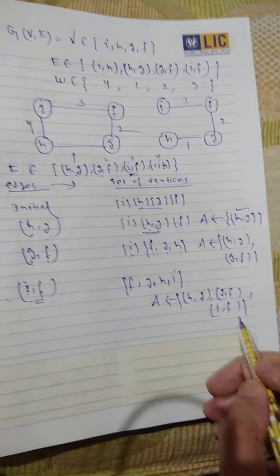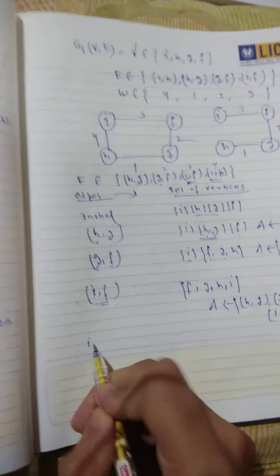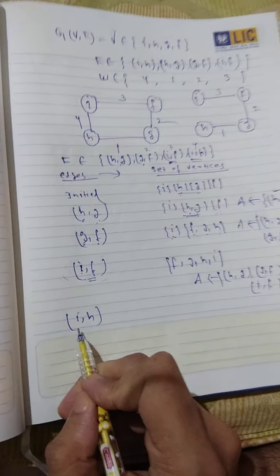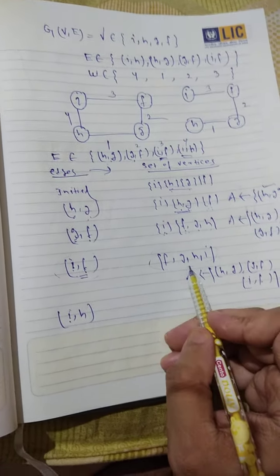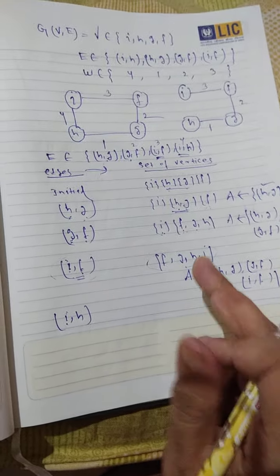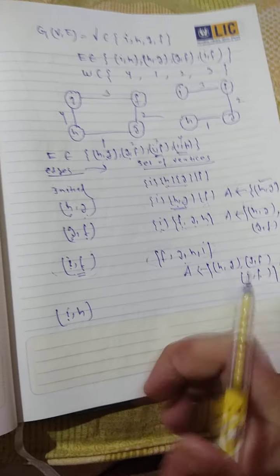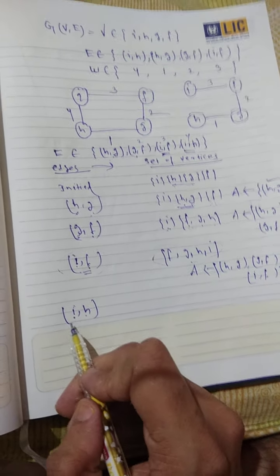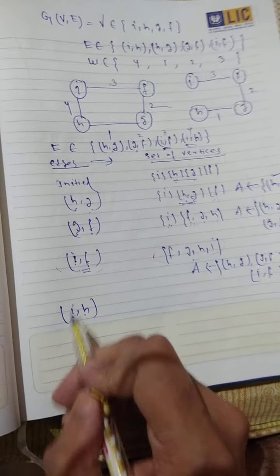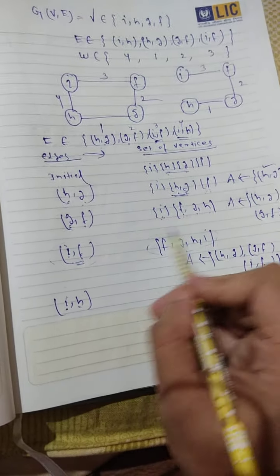Okay, next is IH. Next we process IH. For IH, calculate the find set of I. This is one set, so for a set only one representative is there. That means the representative of I is the same as that of H. Whenever you calculate the representative of I, it gives the same result as the representative of H, because it is one set.